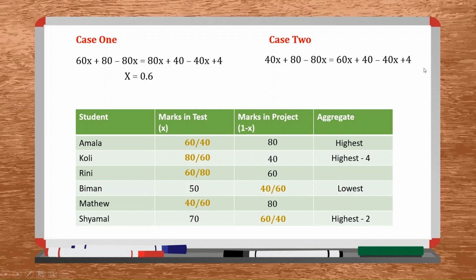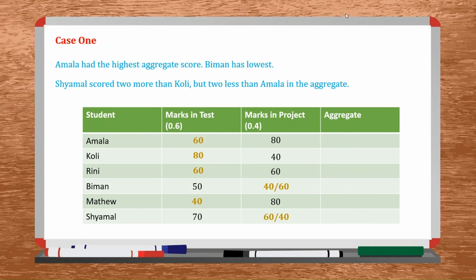So I have to balance it by adding 4 to the RHS. In this case also I get the value of x as 0.6. That means either way we go, the value of x is 0.6, and therefore the weightage of marks for test is 0.6 and the weightage of marks in project is 0.4, which is 1 minus x. This is the information that I have.